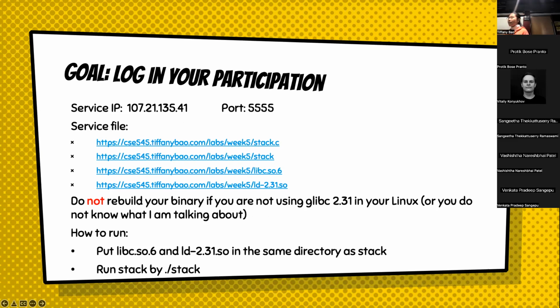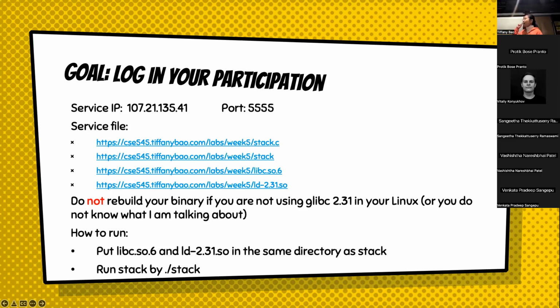I have modified the binary so that it will only use the libraries that are in the current directory, just in case you have different libcs, and different libcs will have different ROP gadget addresses. So these three are something that you really need. And then the first one, which is the source code, is just to help you understand what's going on in the program. Okay. All right.